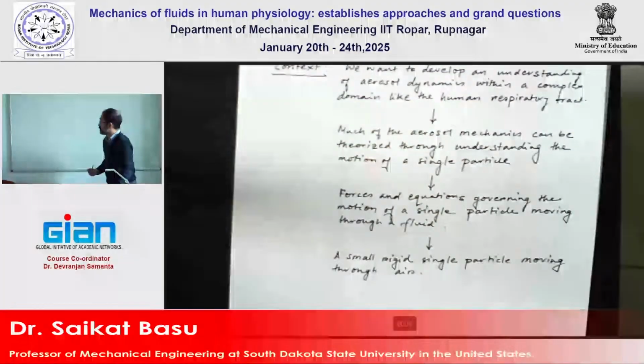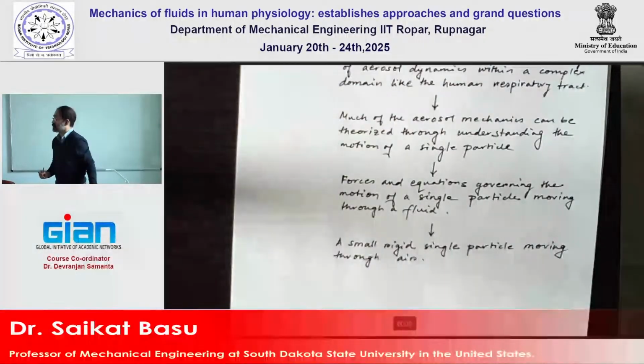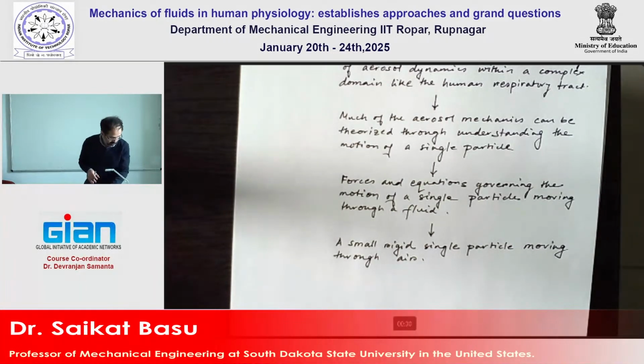Every time I say the word fluid here, because we are studying breathing and inhaled particle transport through our airway, that ambient fluid is going to be air. So the problems we solve will use the material properties for air.